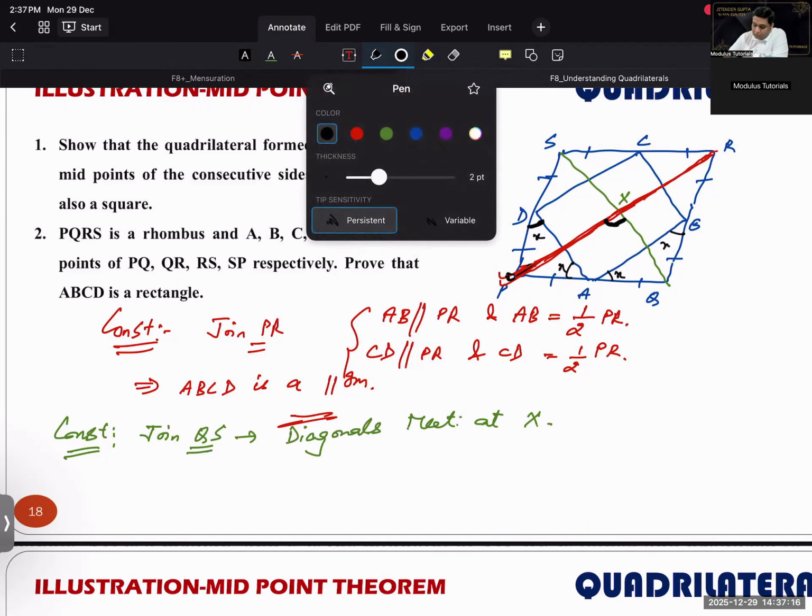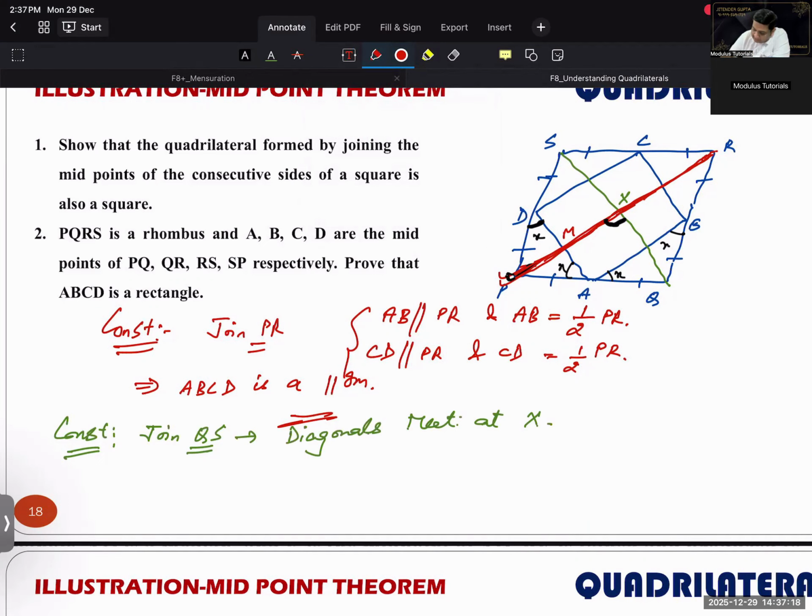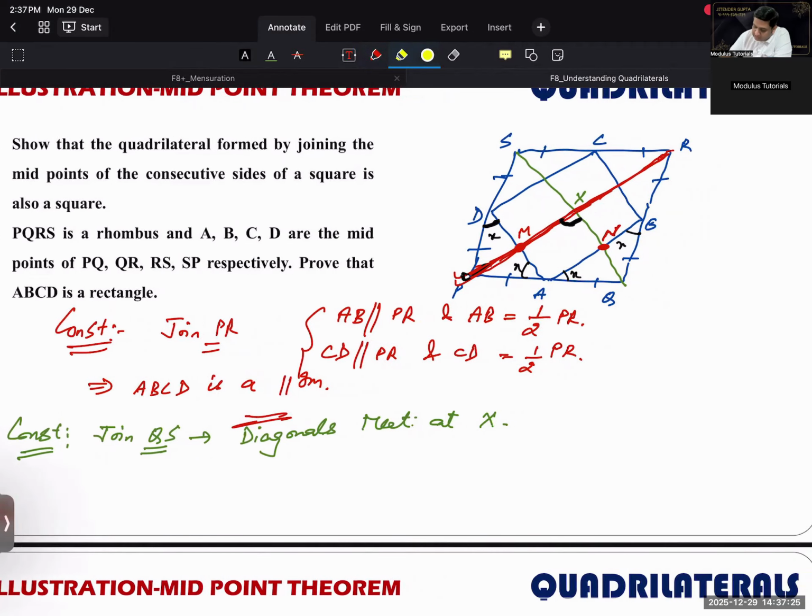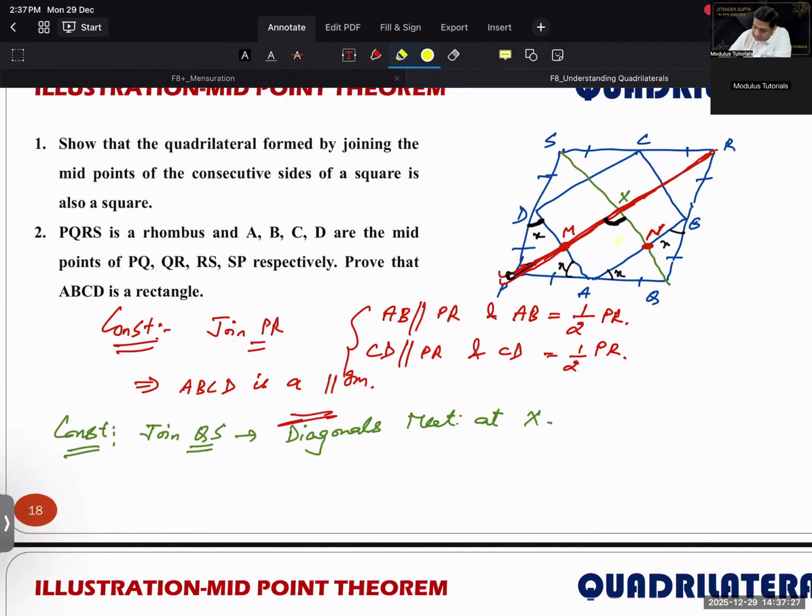So let me label a few more points, M and N. This is N, this is M. So guys, I'm talking about this small little quadrilateral.